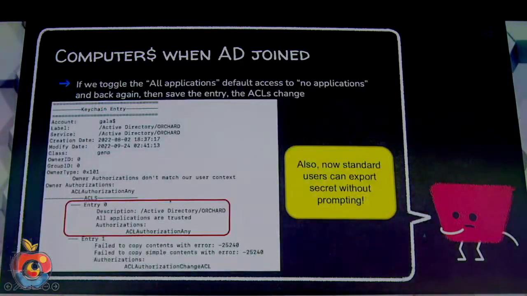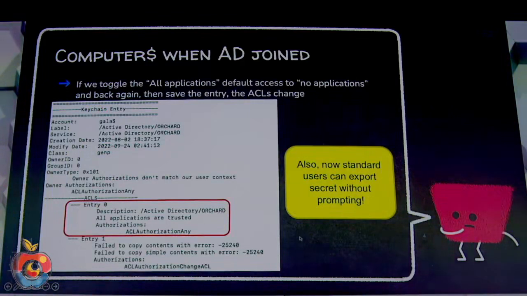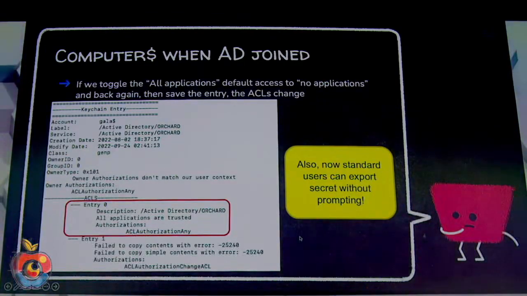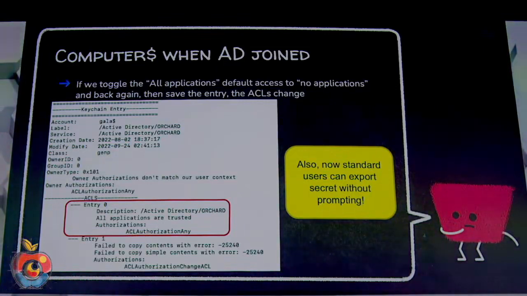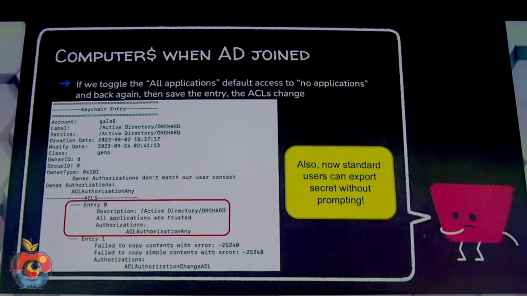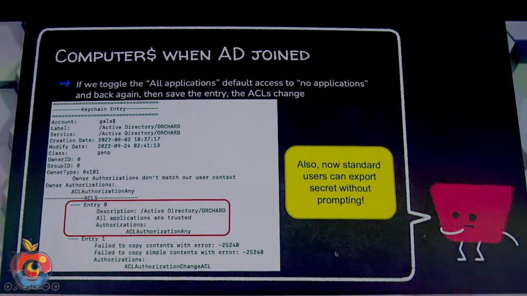Now we can actually see this data. We can see that all applications are trusted for anything. There's no partition ID. And so now even your standard user can pull out this data without causing pop-ups. So despite this data still being set in here, now anybody can pull it out.